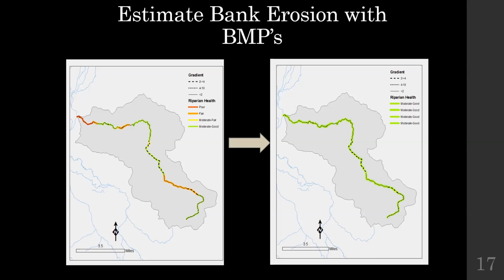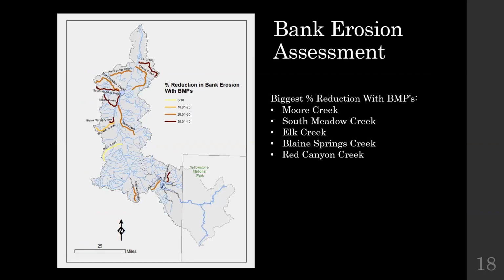So if we were to change that riparian health to good, and then use those values that we collected in the field, we could then estimate the lower bank erosion with BMPs, and then do this for all of the watershed to get those values. The results of this bank erosion assessment suggested that some of the areas with the biggest opportunity for lower erosion with BMPs, at least for the banks, were Moore Creek, South Meadow Creek, Elk Creek, Blaine Springs Creek, and Red Canyon Creek.